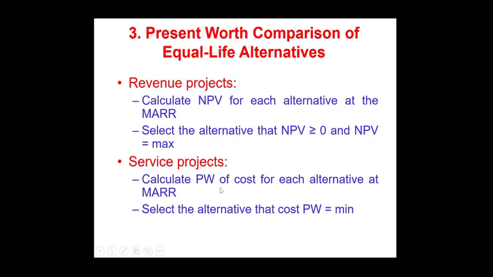We calculate the present worth of cost for each alternative at the minimum accepted rate of return. And then we compare and select the alternative that has the minimum present worth of cost.